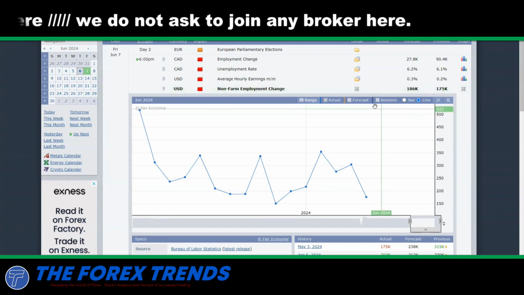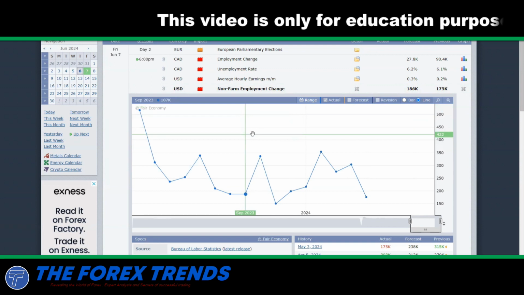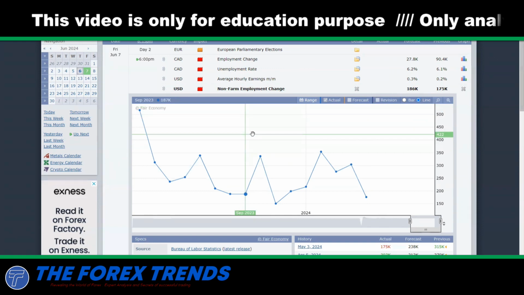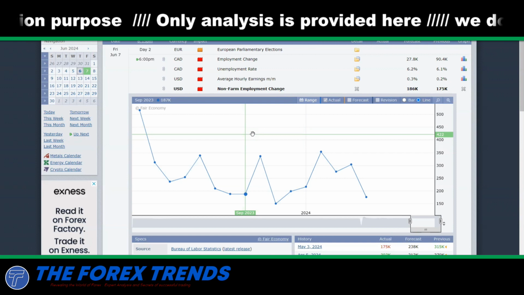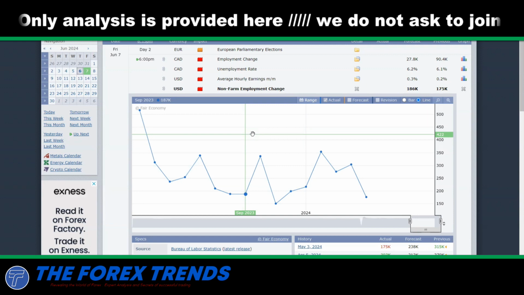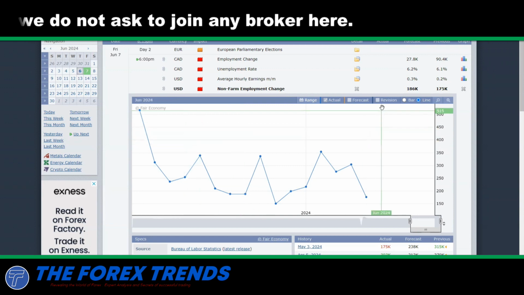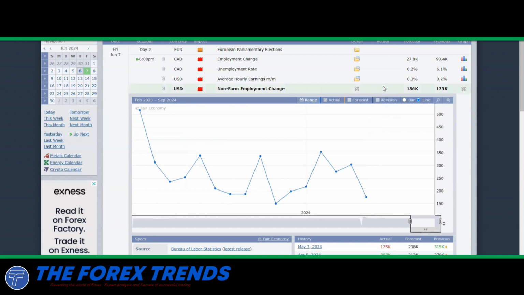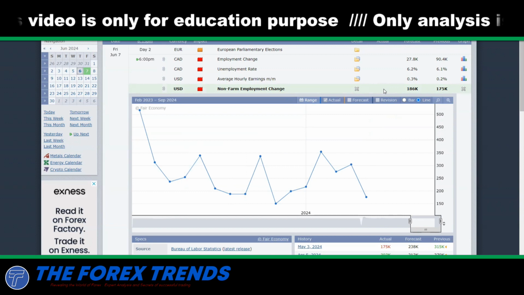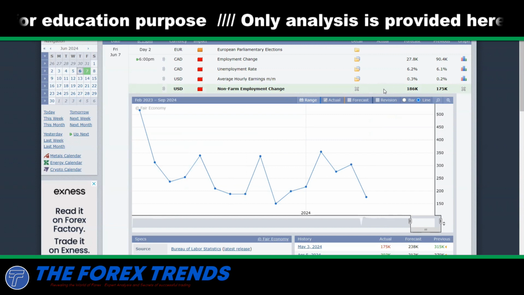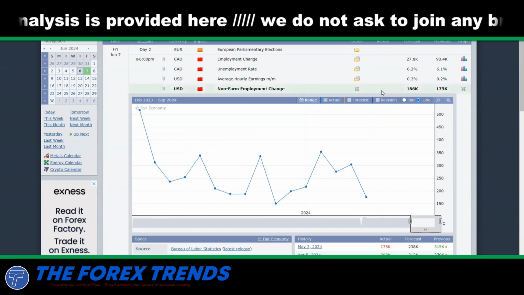As we saw in the previous day's ADP non-farm employment data, there was some cooling in the labor market. Employment in the private sector is reducing in the US, and if the actual data comes in less than the forecast, we may see huge selling on the dollar. We will plan accordingly for gold and other major pairs.